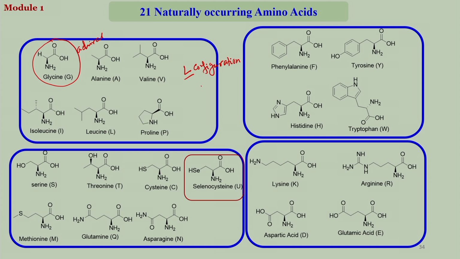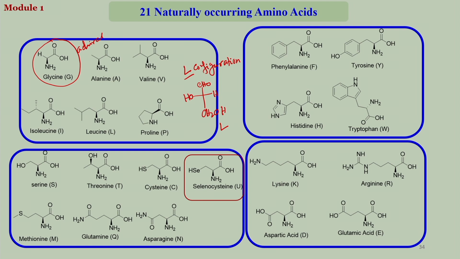If you look, this is the structure of glyceraldehyde, and this has L configuration. There is an OH group, and the OH group is on the left hand side. So, that is why it is called levorotatory or L configuration.